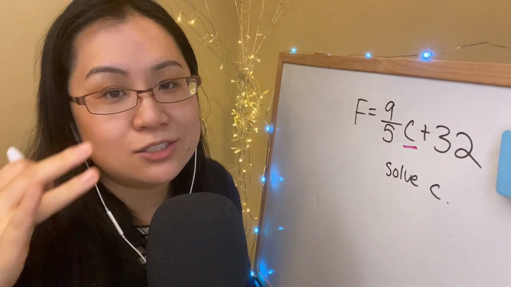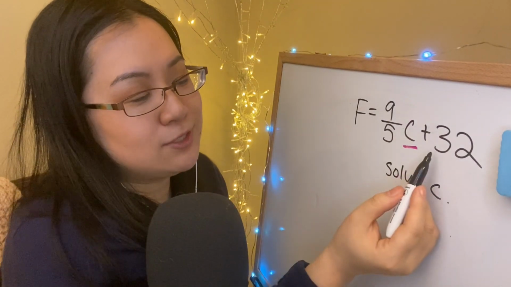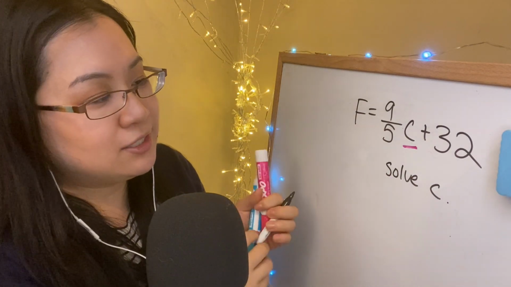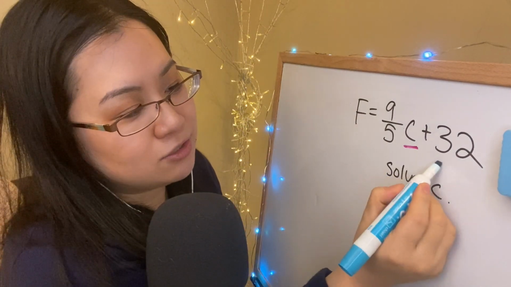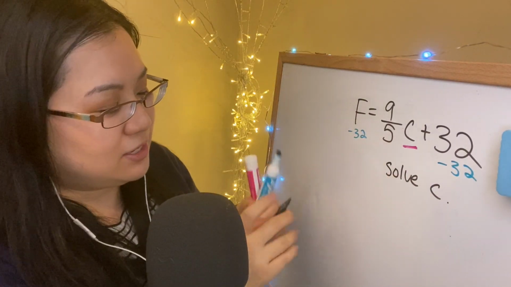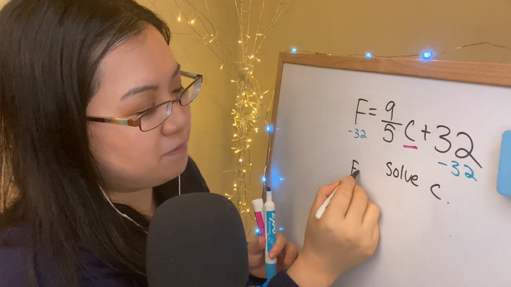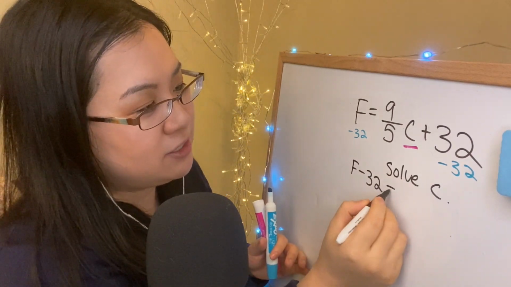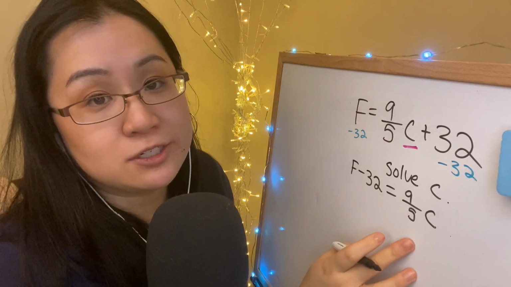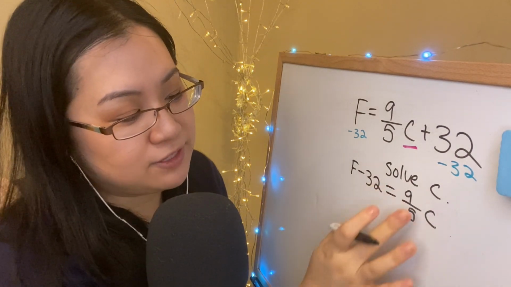So when I undo all of this, I'm going to undo the plus by subtracting first. So I'm going to subtract 32 on both sides like we did before, and I get F minus 32 equals 9/5 C.